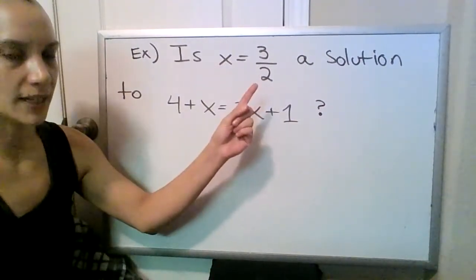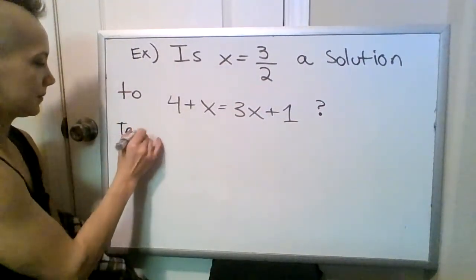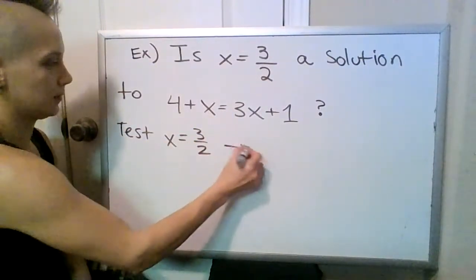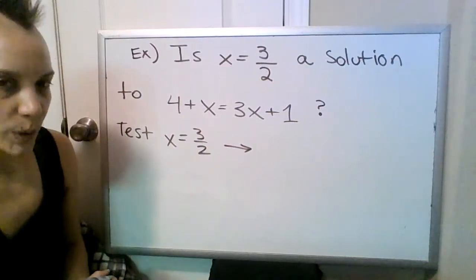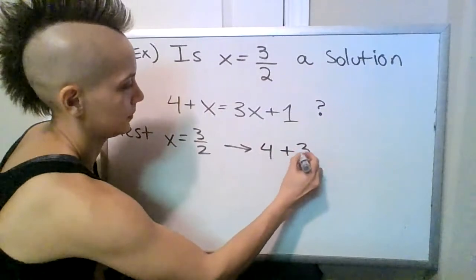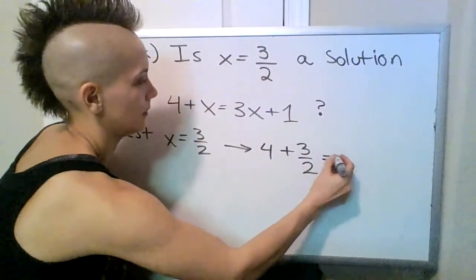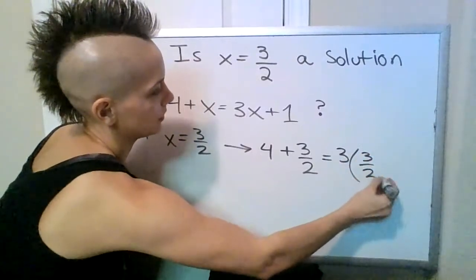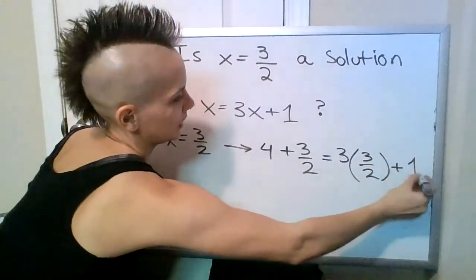Putting this fraction in for x. 4 plus 3 halves equal to 3 times 3 halves plus 1.